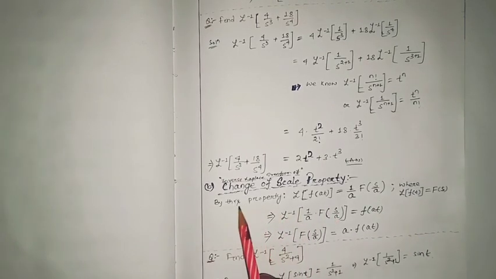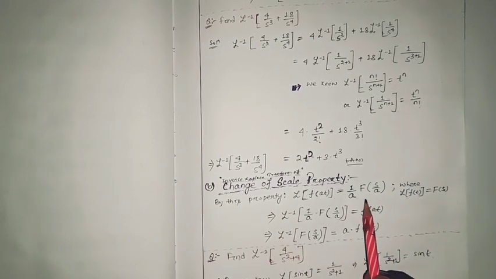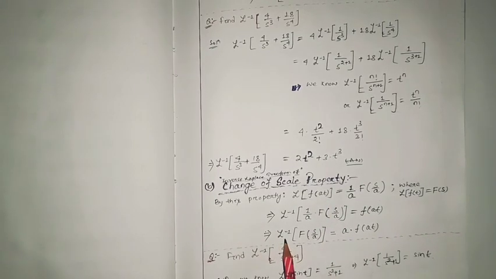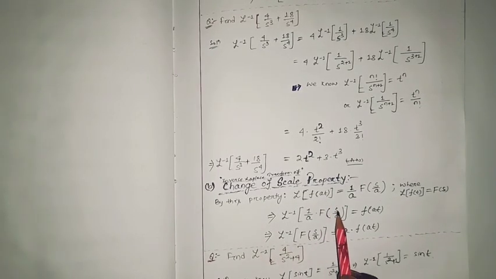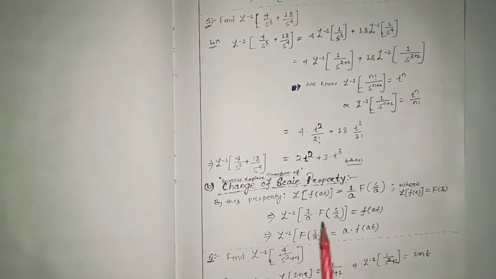So according to this property, obviously the inverse Laplace transform of this will be equal to the original function, f(at). That implies the inverse Laplace transform of F(s by a) will be a multiplied with this, a into f(at).